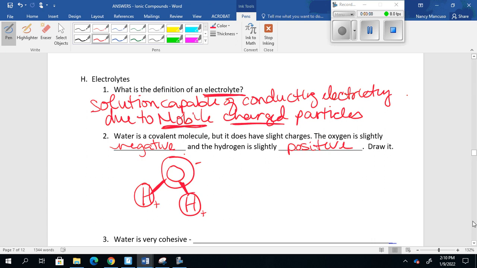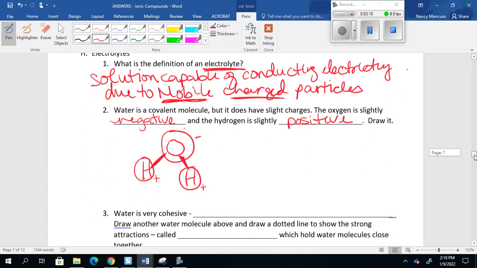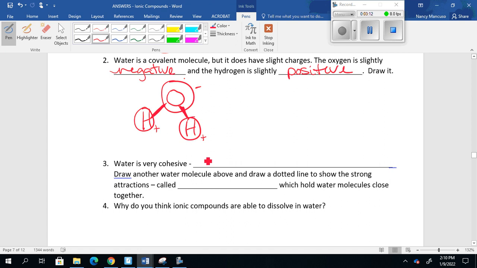All right, water is very cohesive. That means that water is attracted to itself, because one water is attracted to another water, and it holds itself together. If you've ever taken a drop of water and spilled it on your desk, or on your kitchen table, the water will bead up, and that's because the water is attracted to each other.